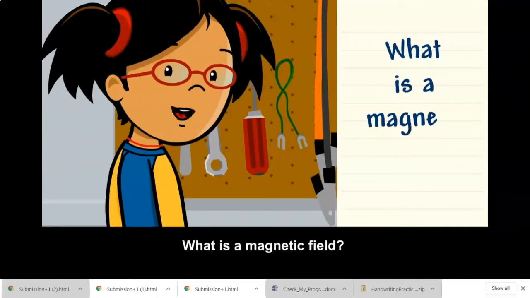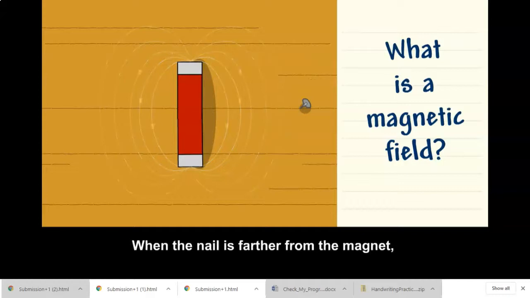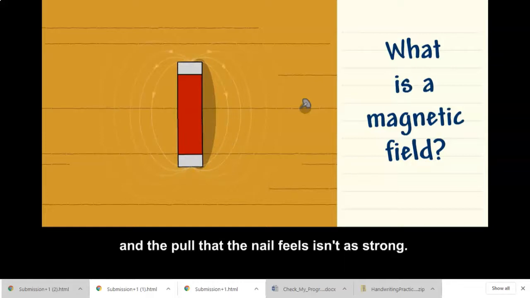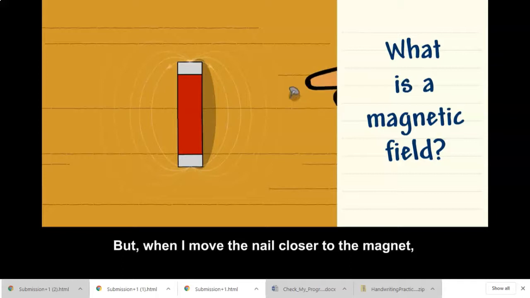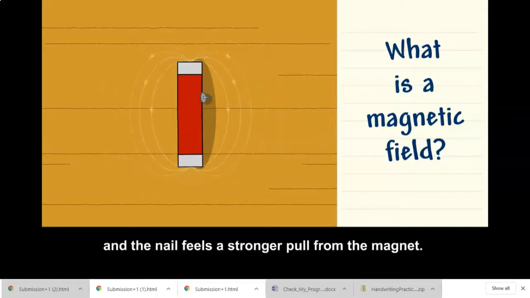What is a magnetic field? A magnetic field represents the force around a magnet. When the nail is farther from the magnet, it's in a weaker part of the magnetic field, and the pull that the nail feels isn't as strong. But when I move the nail closer to the magnet, it's in a stronger part of the magnetic field, and the nail feels a stronger pull from the magnet.